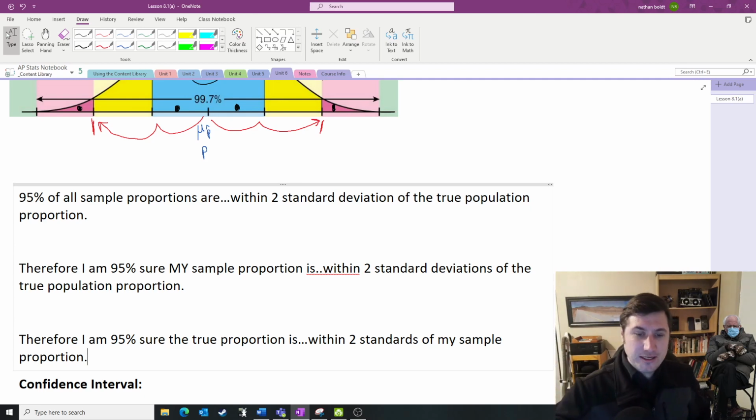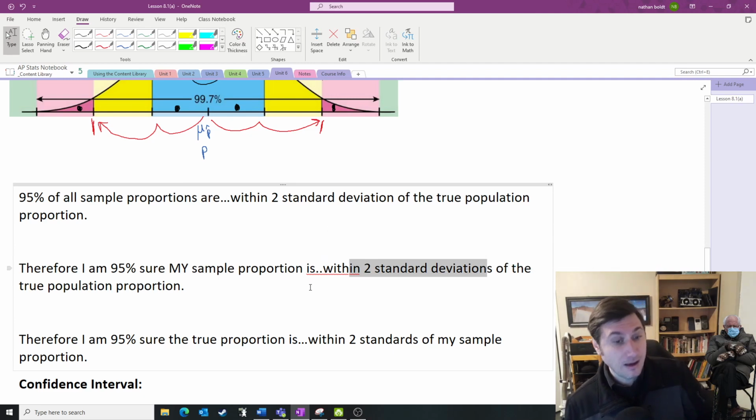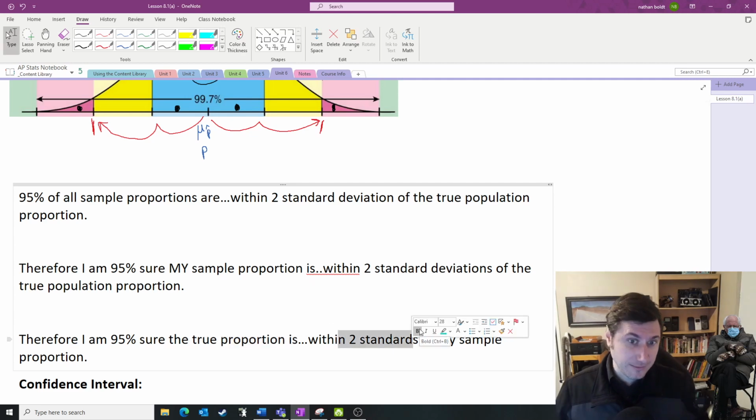If you are standing 2 feet away from me, I am standing 2 feet away from you. I'm just sort of flipping that logic around. If I'm 95% sure my sample is within 2 standard deviations of the true proportion, I am 95% sure the true proportion is within 2 standard deviations of me.